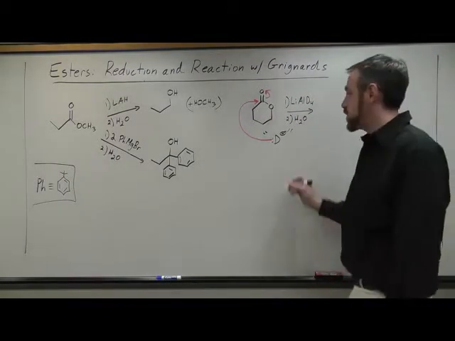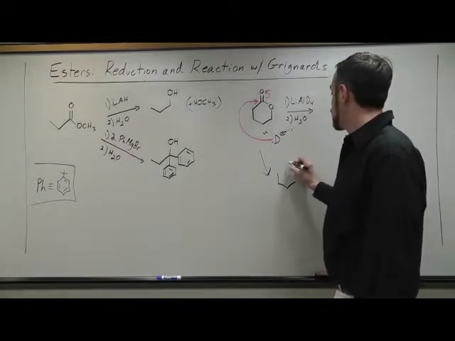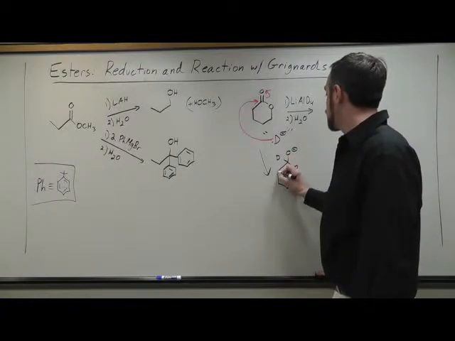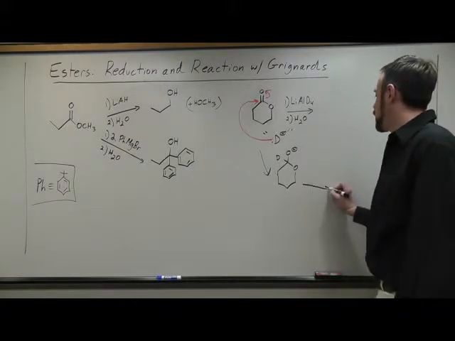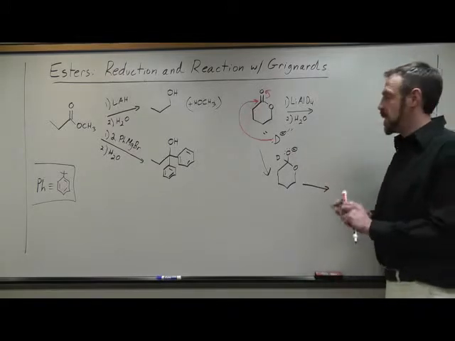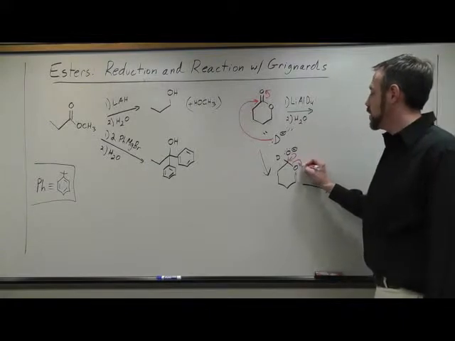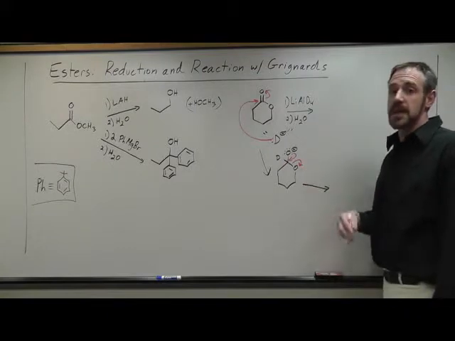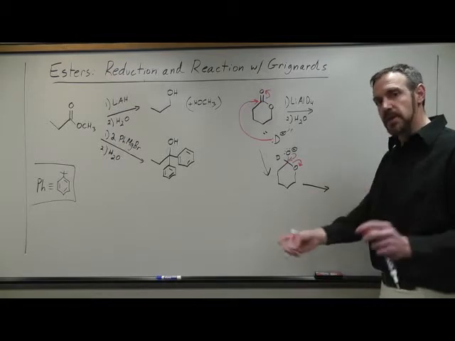And we form a tetrahedral carbon. Well, these electrons flow back down. We then lose this carbon-oxygen bond and it becomes an alkoxide, but since it's still attached to the rest of the molecule, it doesn't just float away, it's still part of it.